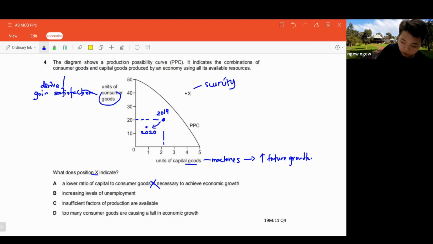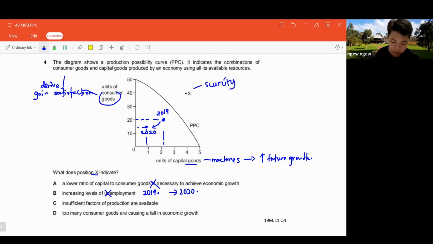So you are originally at this point, moving to this point. Then you are producing fewer goods and services, meaning that you are leaving more resources unused. This indicates increasing level of unemployment. So from 2019, the point moves to 2020. This is what we call increasing unemployment. So therefore, this is wrong.